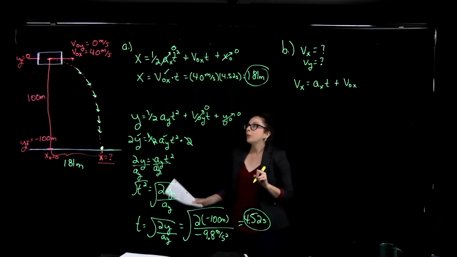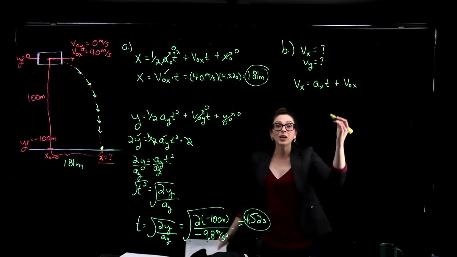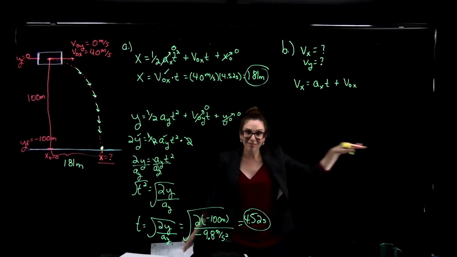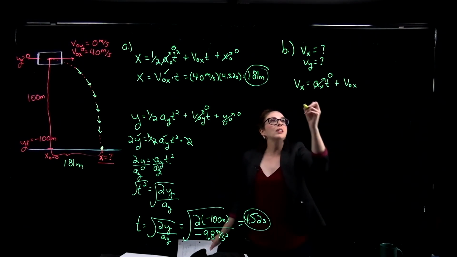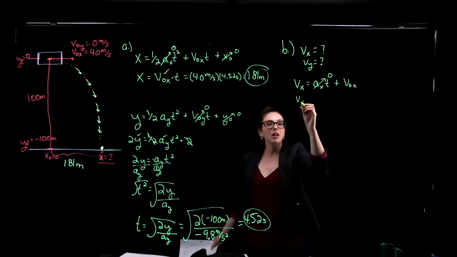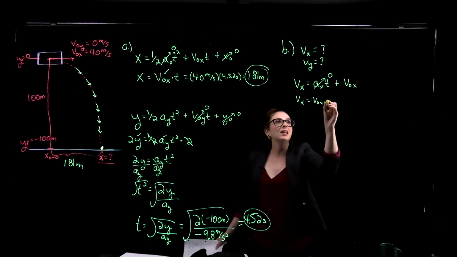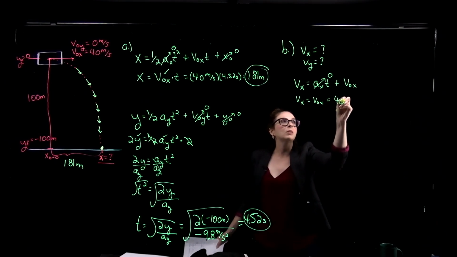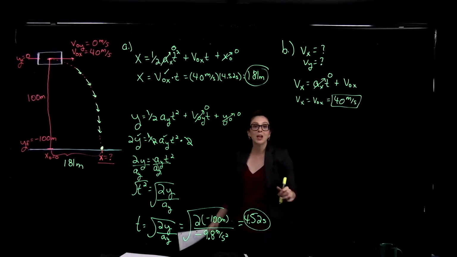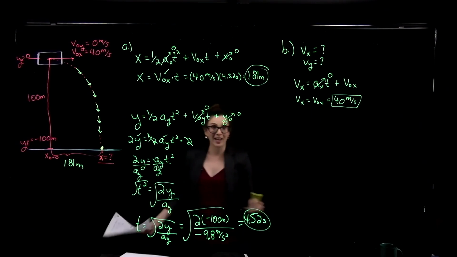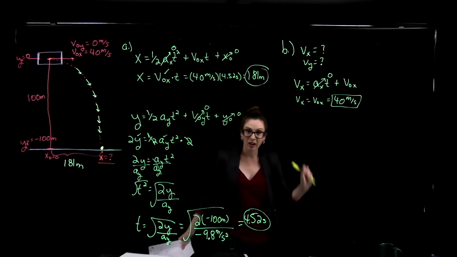So our acceleration in the horizontal direction, motion in this direction, is 0. Okay, so then this just tells us that the final velocity in the x direction is the same as our initial velocity in the x direction, and that's just going to be 40 meters per second.